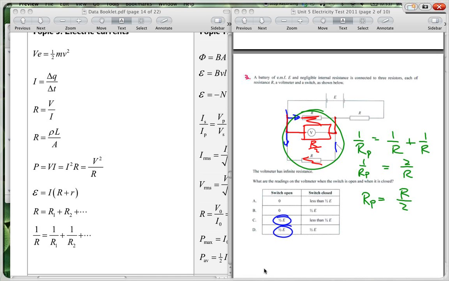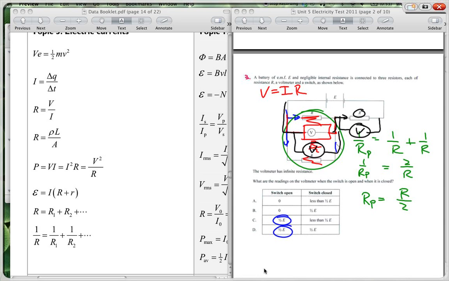So now what's going to happen? Well, because V is equal to I times R, the I will still be the same, will still be going through both, although it will actually increase, but it will still go through that one, come back and go through that one over there. So this V here is going to be less than this V over here, because this has got R and this has got R over 2.